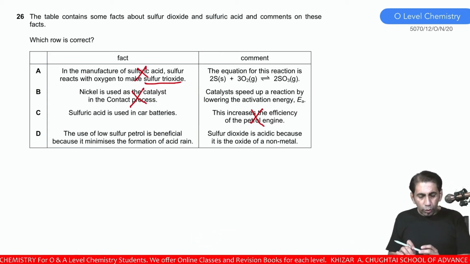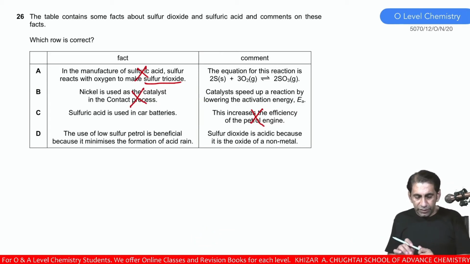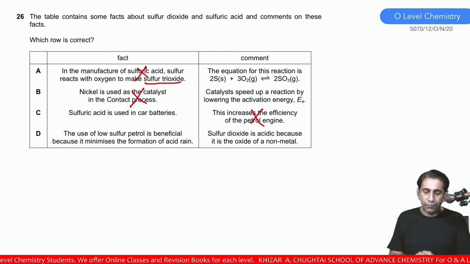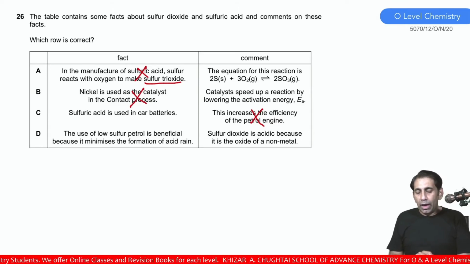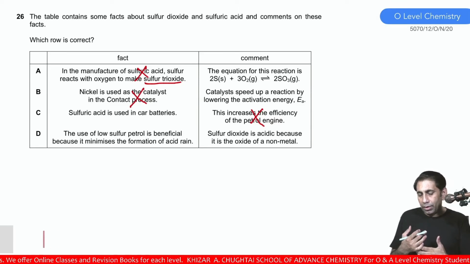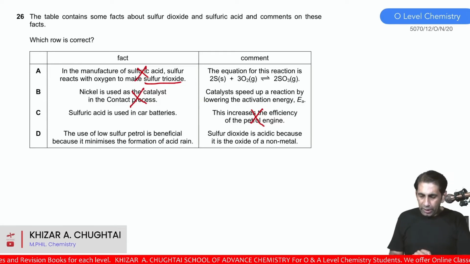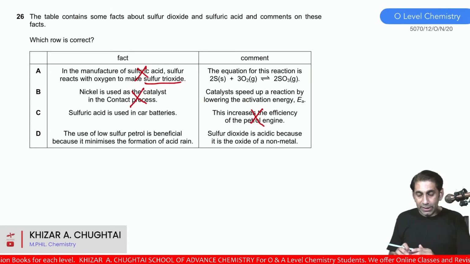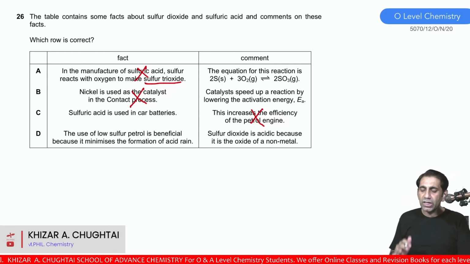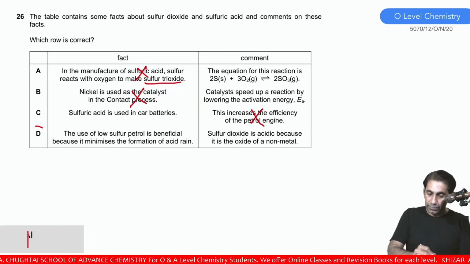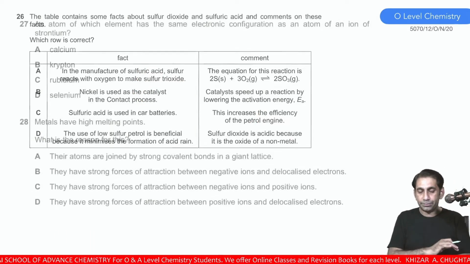The use of low sulfur petrol is beneficial because it minimizes the formation of acid rain. Yes, it is true. The burning of sulfur contributes toward acid rain. The second one is sulfur dioxide is acidic because it's an oxide of a non-metal. Yes, most of the non-metal oxides are acidic. D is the correct option.